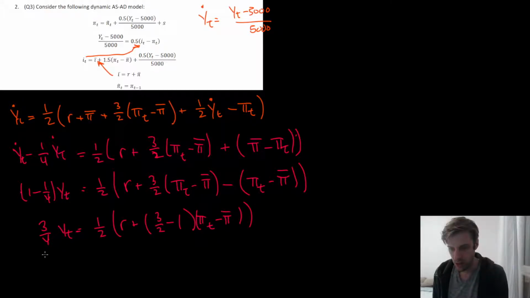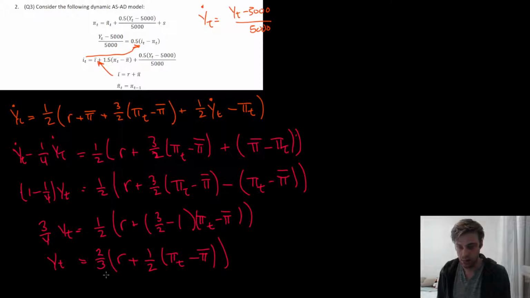Now I'm going to multiply everything by 4/3. So with the 4/3, I'm going to have 1/2 times 4/3, which is going to be 2/3 r. Then 3/2 minus 1 is just 1/2. This is 2/2. So 1/2 pi t minus pi bar.